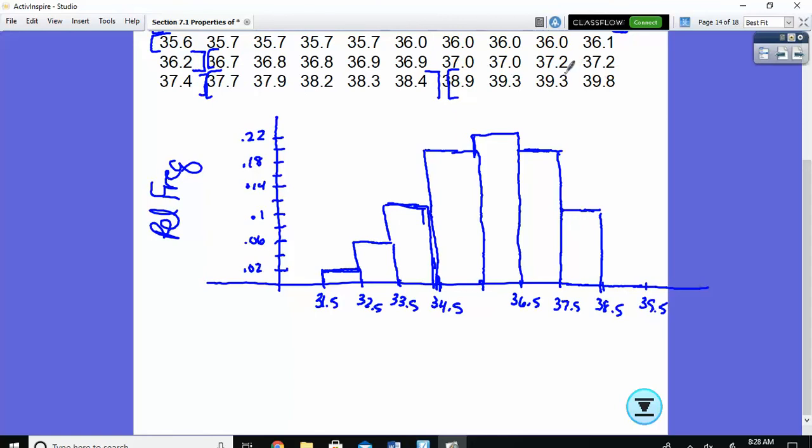From 38.5 to 39.4, we get 3, so that's 0.06. And you would end at 40.5, and we only have 1 in that window, so 0.02.